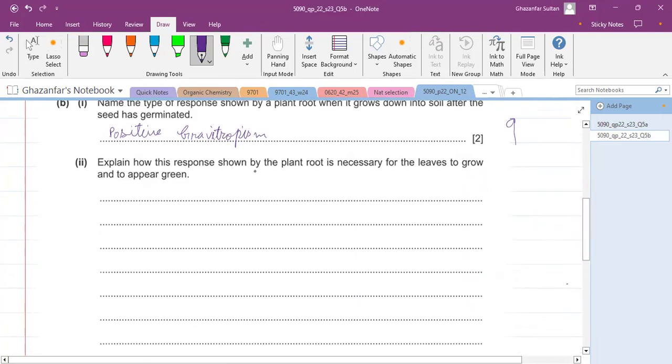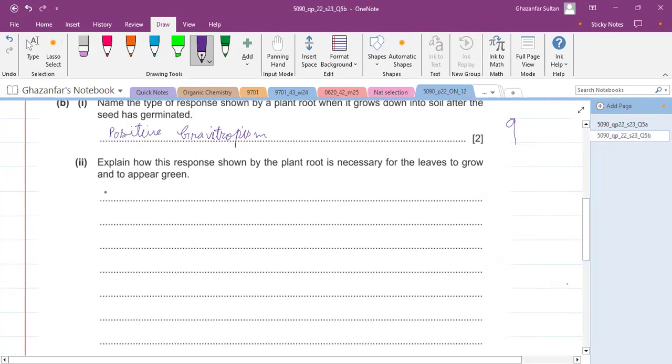Explain how this response shown by the plant root is necessary for the leaves to grow and appear green. It is very simple, they are asking the function of the root. You know that root absorbs water.